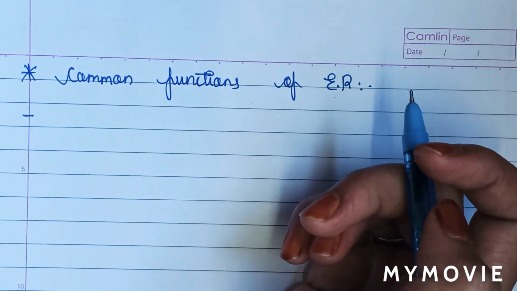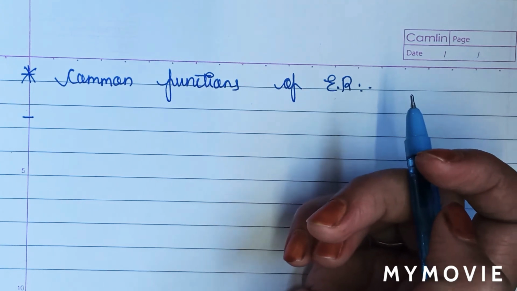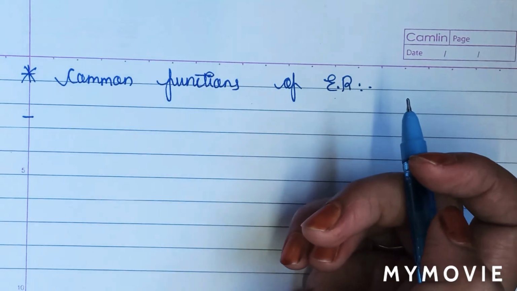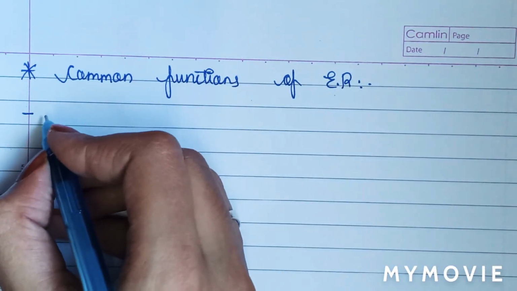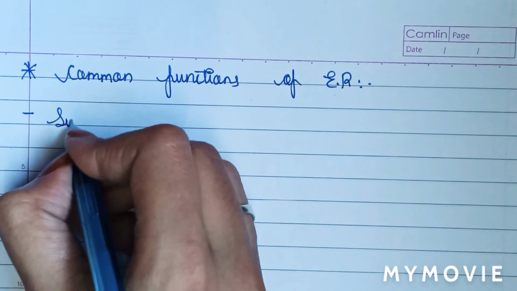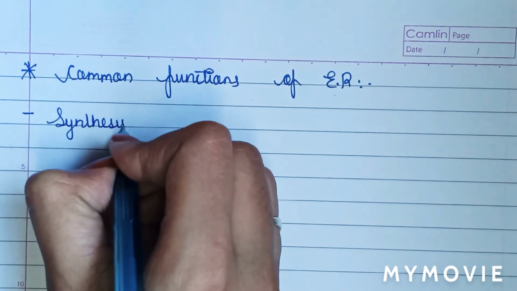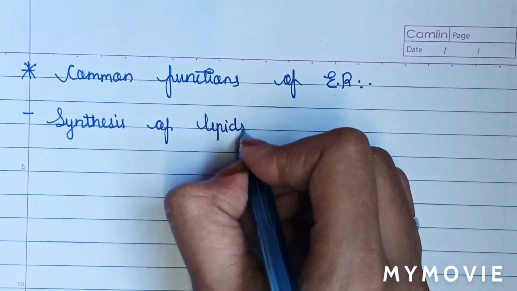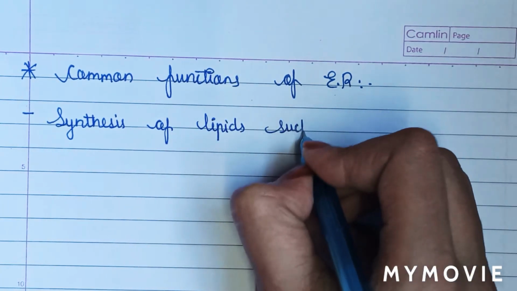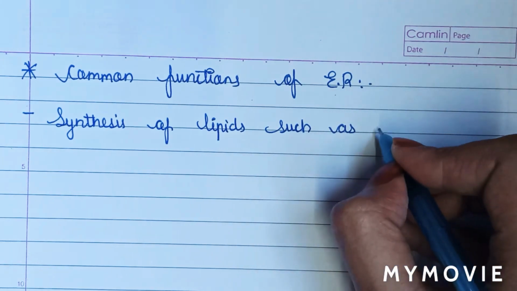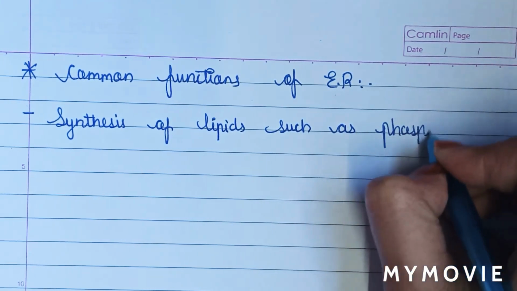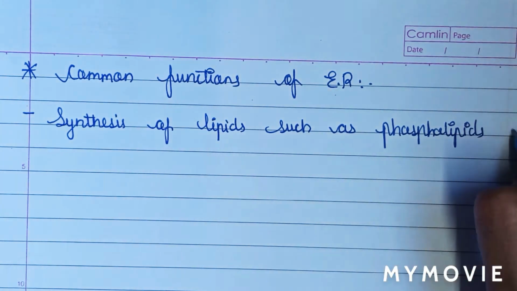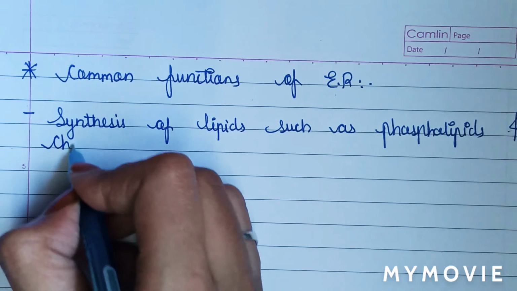Smooth endoplasmic reticulum is responsible for the synthesis of essential lipids such as phospholipids and cholesterols. Means synthesis of lipids such as phospholipids and cholesterol.